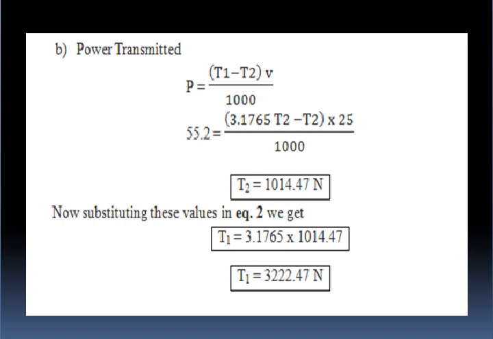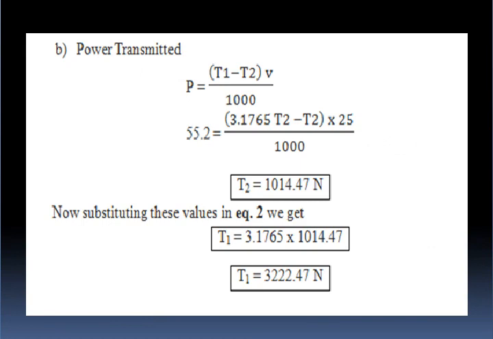Now by using the power transmitted P equation, P is equal to the difference in belt tensions, that is T1 minus T2, tight side tension minus slack side tension, into velocity or speed of the belt, divided by 1000. And here you are supposed to be careful. Here we need to substitute power in terms of kilowatts. The reason is, in the equation itself we have divided by 1000.